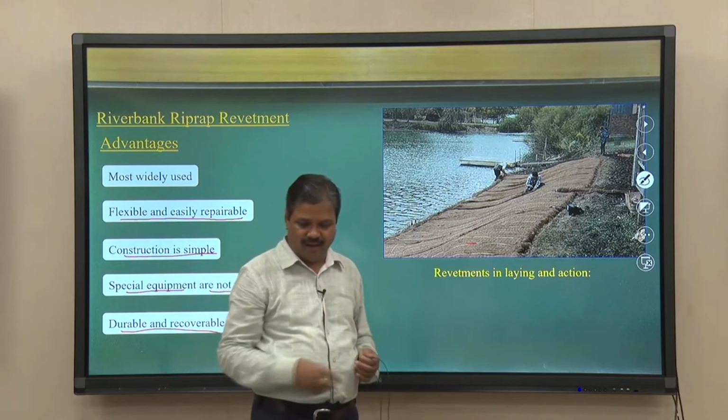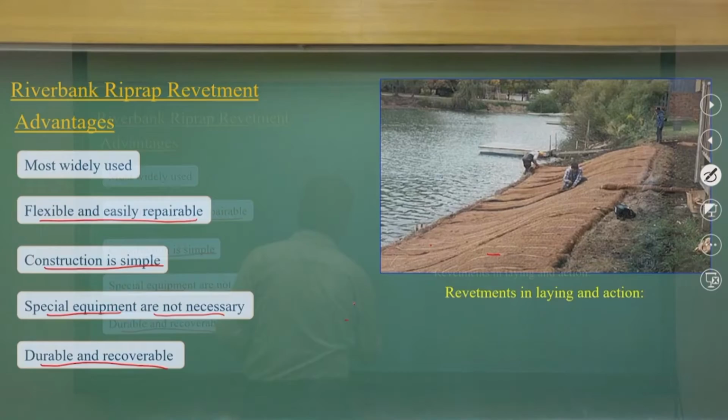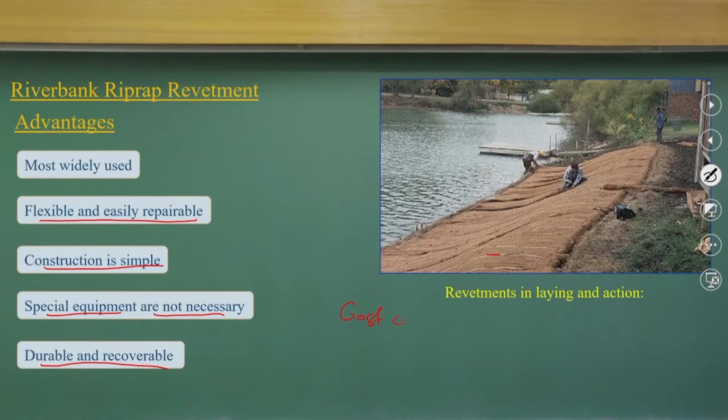That is the point we should try to understand, because the cost of river bank protections per kilometer is close to the cost of national highway construction per kilometer. So, please try to understand it.